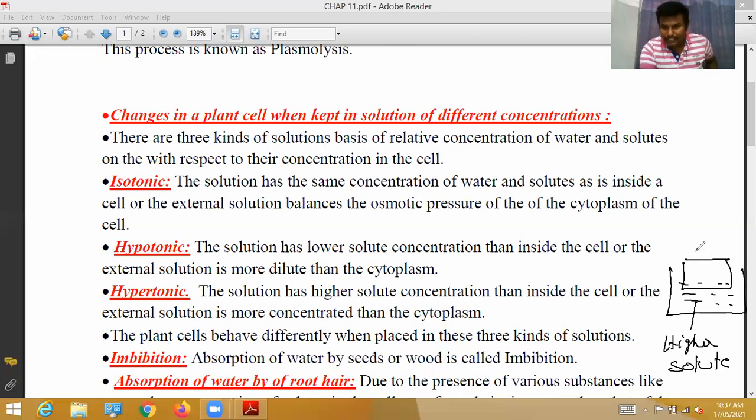The external solution is more concentrated than the cytoplasm, with higher solutes than inside the cell.